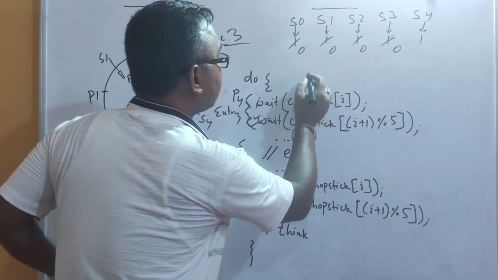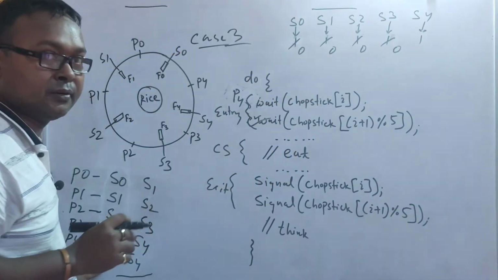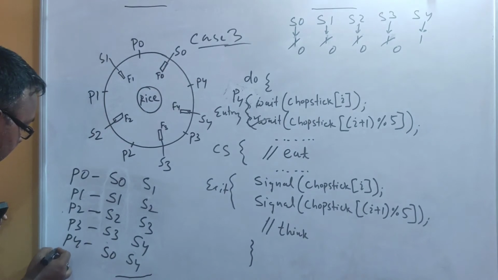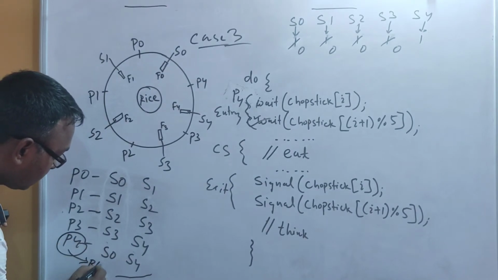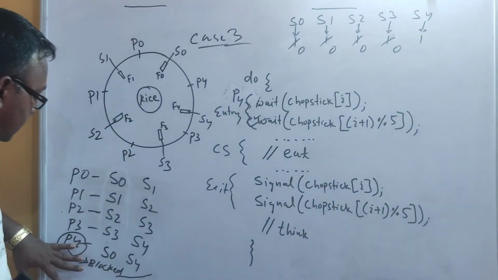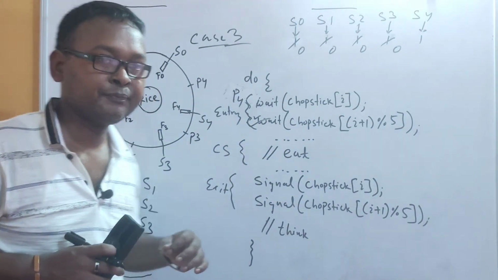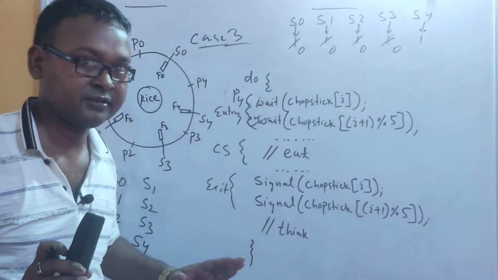When it finds the semaphore S0, the S0 value is already 0. So when the semaphore value is already 0, this particular process will get blocked. The last process cannot enter into the critical section. P4 is getting blocked.